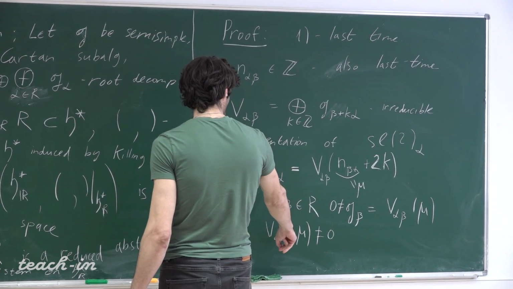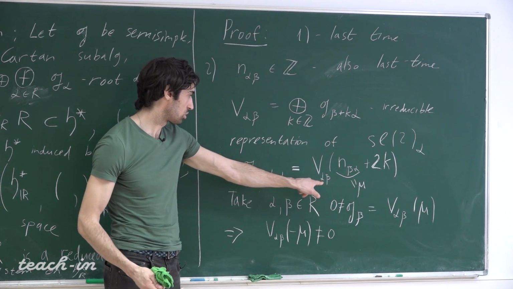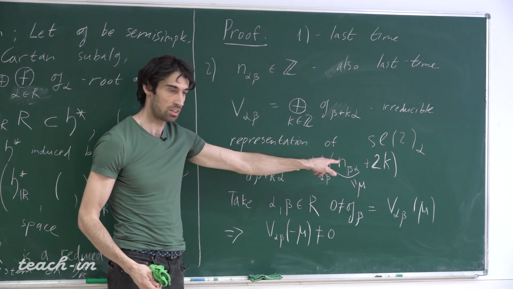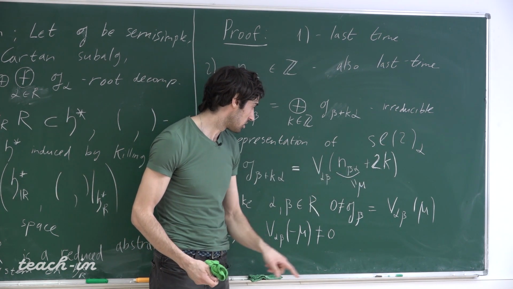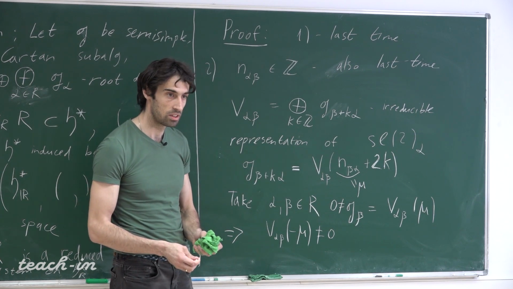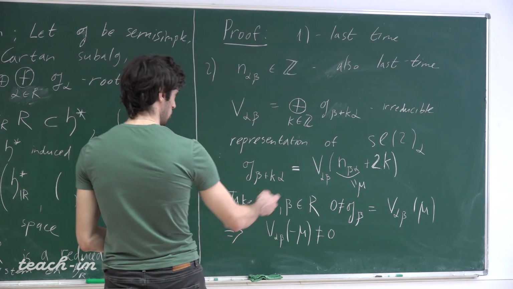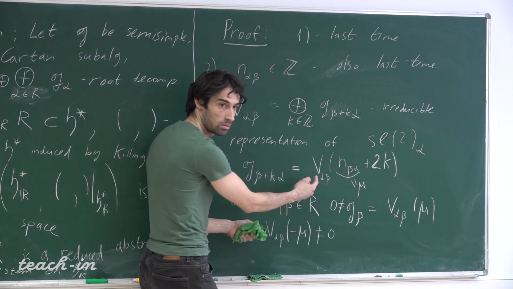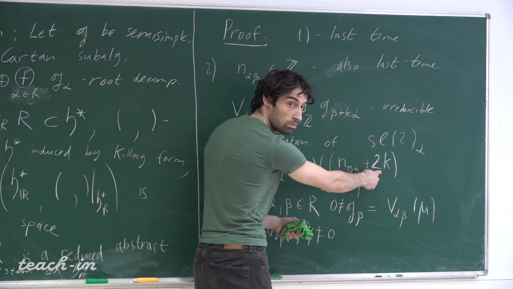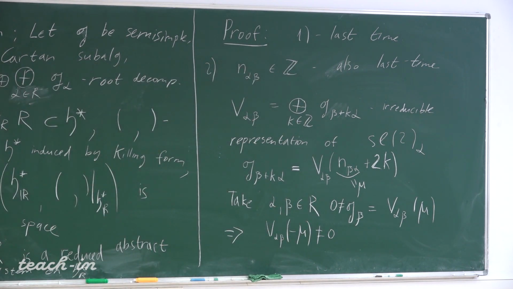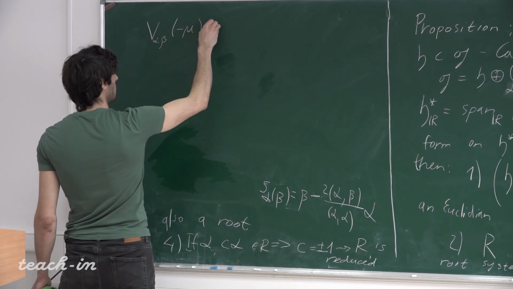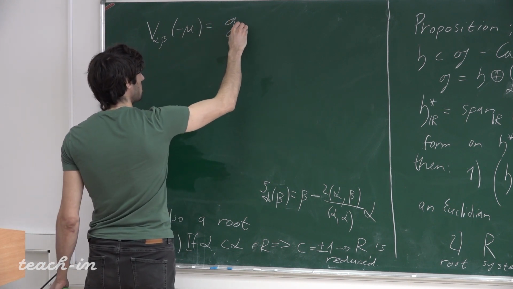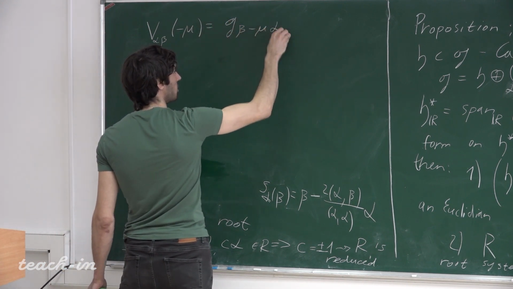So what is V alpha beta of negative mu? What k should I take here? This is mu, so k should be negative mu, right? For this to be negative mu inside parentheses, I should take k to be negative mu. So, using again this formula, V alpha beta of negative mu is G beta minus mu alpha.